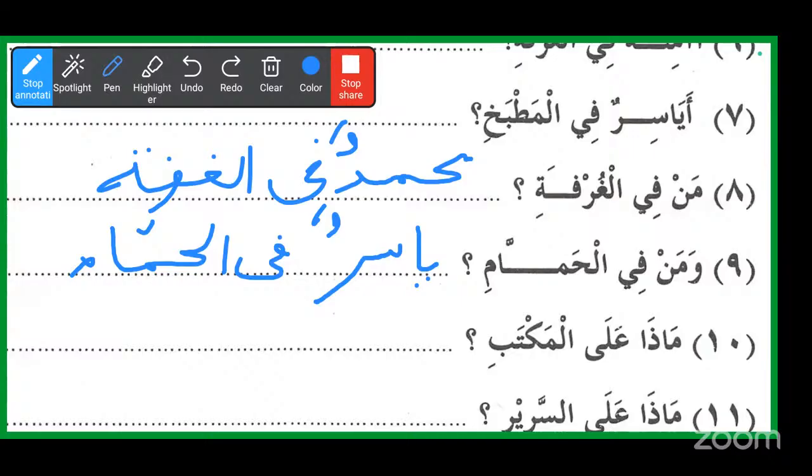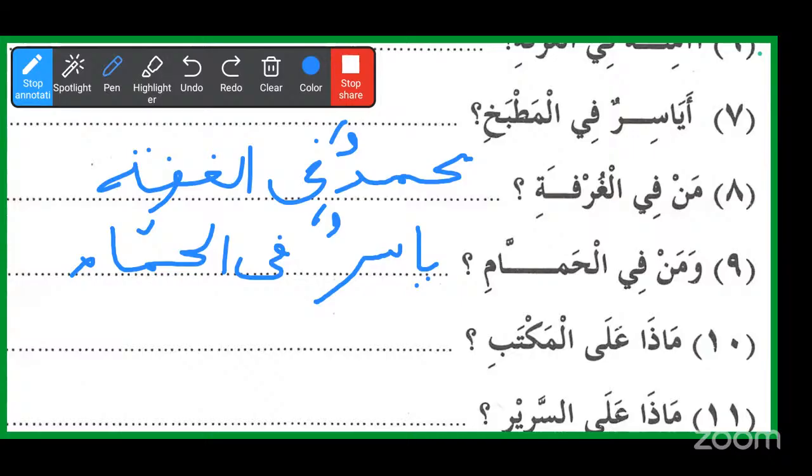In conversational language, they don't use these diacritic marks at the end of the word. They don't say Muhammadun, they say Muhammad. They don't say Yasirun, they say Yasir. They don't say Aminatu, they say Amina.